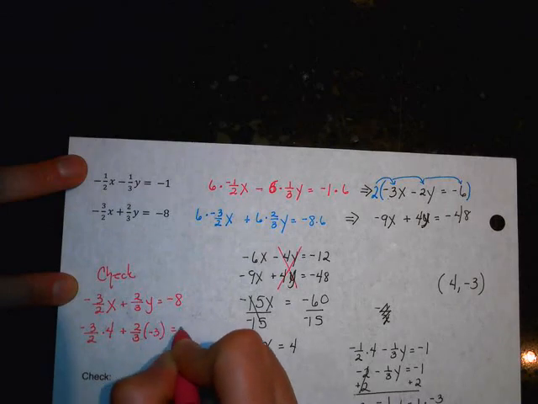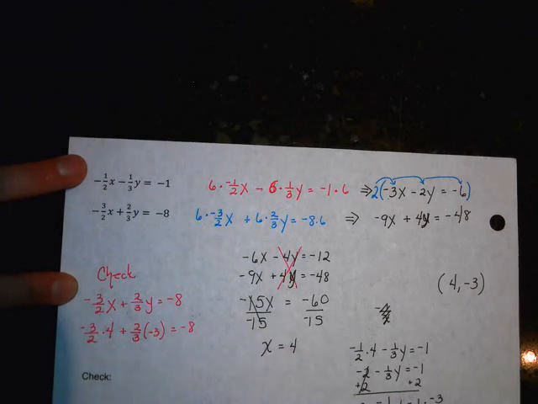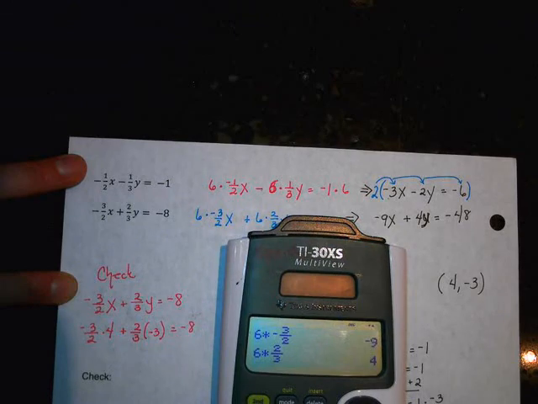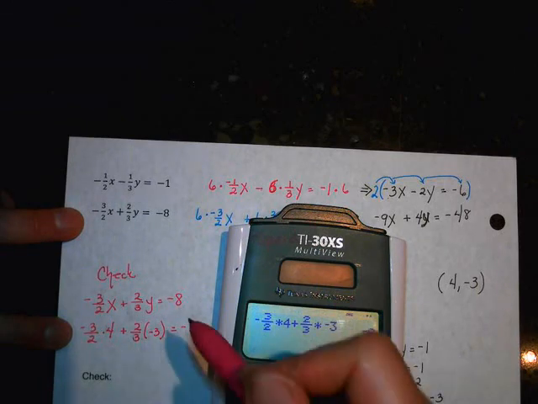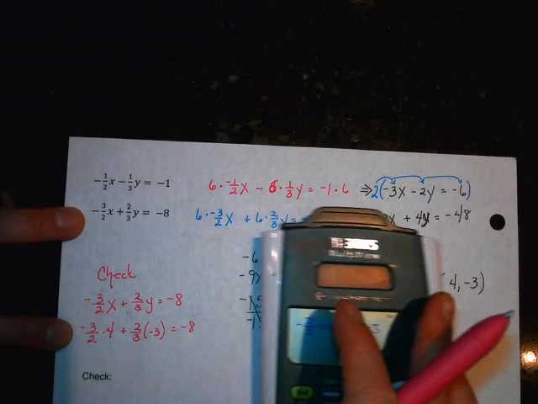Looks like calculator work. So negative 3 halves times 4 plus 2/3 times negative 3. It equals negative 8. We did awesome. All right, so there's your check.